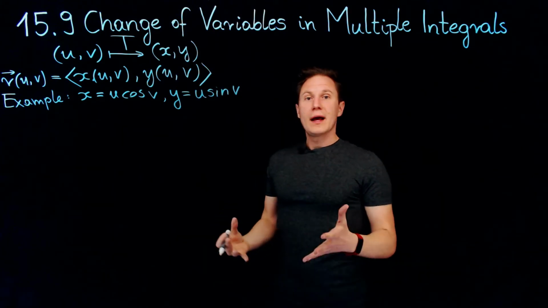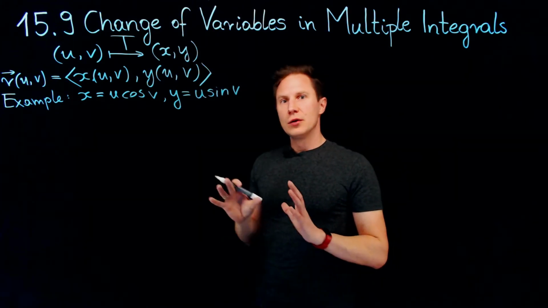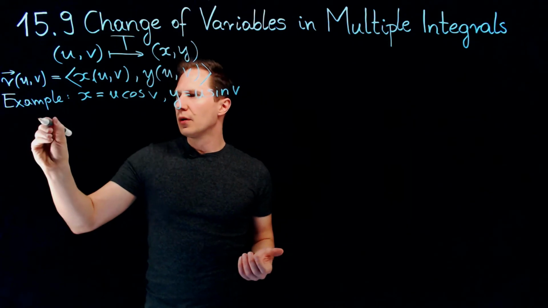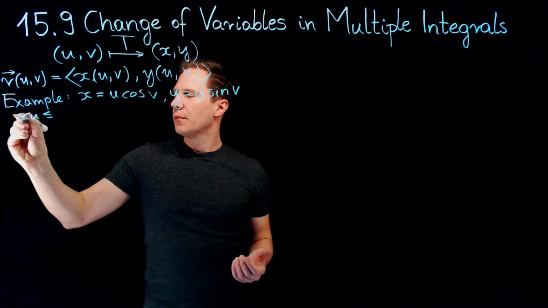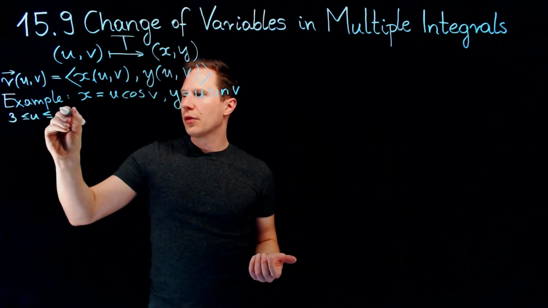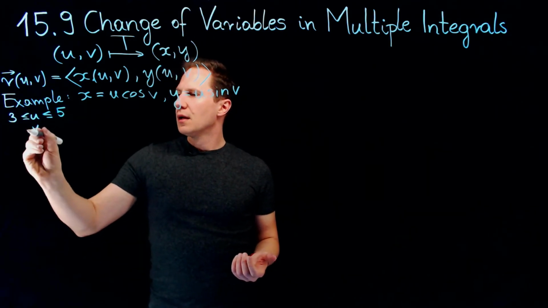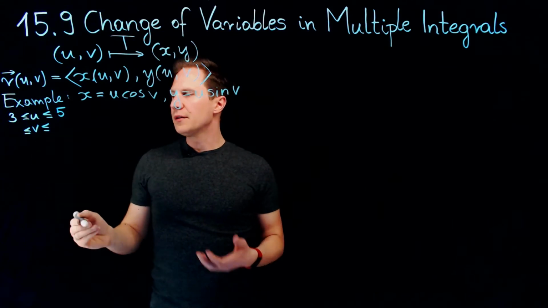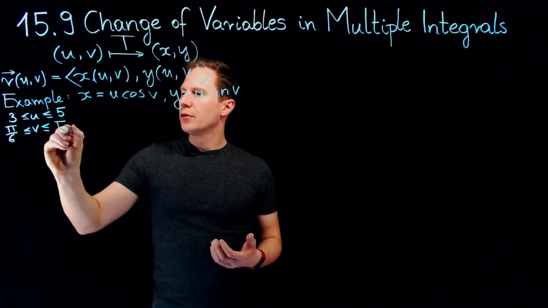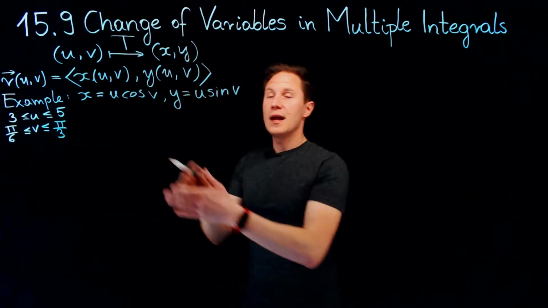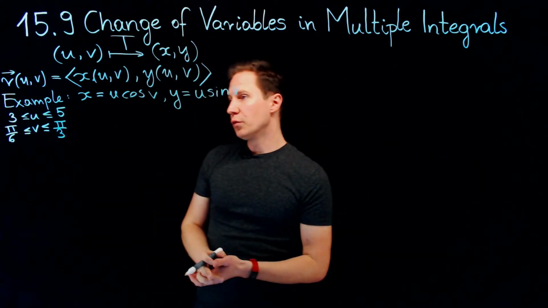And so if we look at a rectangle in the uv plane, for example, let's take u to change between some constant values, let's say 3 and 5, and v to change between some other constant values, for example, pi over 6 and pi over 3, then this gives us a rectangle in the uv plane.